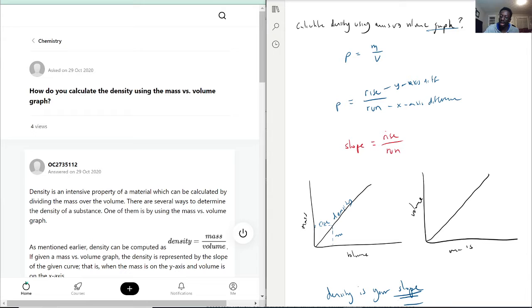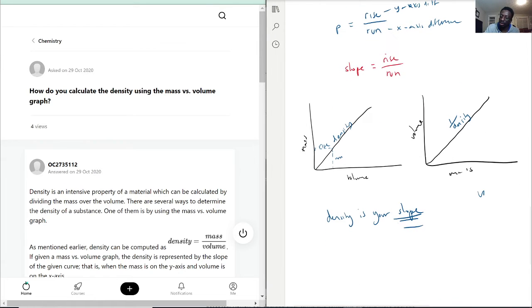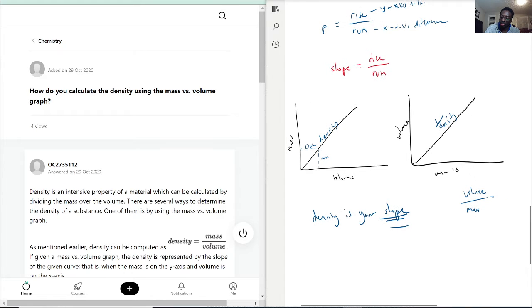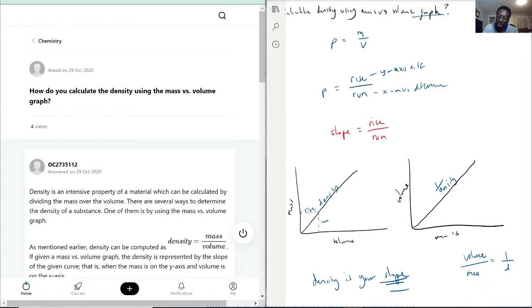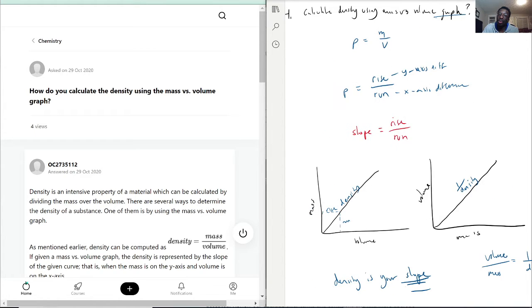But the difference is that this is going to be the inverse. It's going to be 1 over density. Because now, if we did our rise over run, it'd be volume over mass, which you can only get if you flipped over density and did 1 over density. So just in case you were given any of the graphs, both of them you can still use the slope to find your density using that graph.